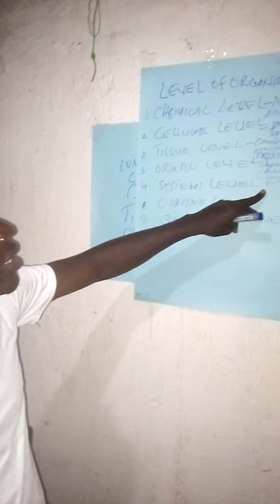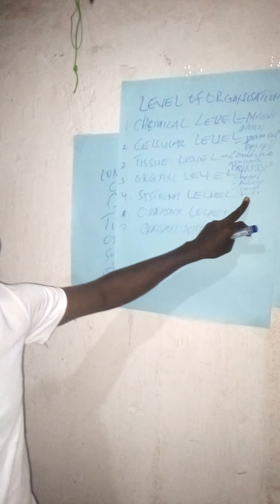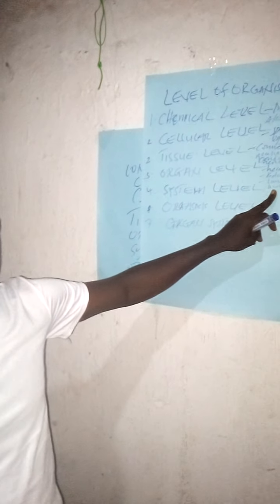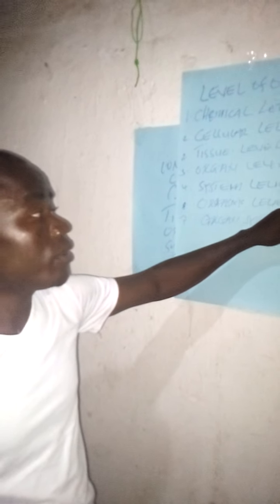These are examples of the organ level. So from tissue we derive the organ. The organs include the heart, the kidney, the lungs, the liver, the skin, and so on. Even the eye is an organ.